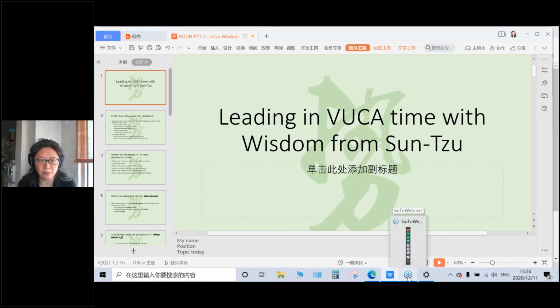So how am I going to do this? On the right side, can you open the control panel? Yeah. If you want to re-enter this track, that's fine. I'll start by making you a panelist. I think that should help.